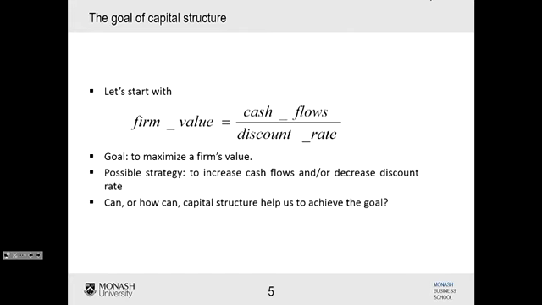Think about the entrepreneur as just another project. The entrepreneur or the firm is going to generate a bunch of cash flows in the future. Then in order to get the current value of the firm, we need to discount the cash flows generated in the future and sum them up. Then that's our firm value or project value. So, a cash flow and a discount rate.